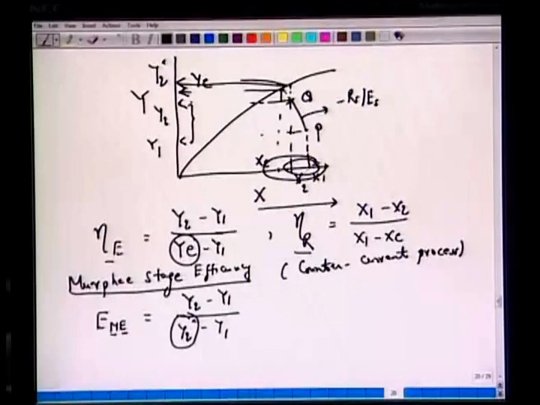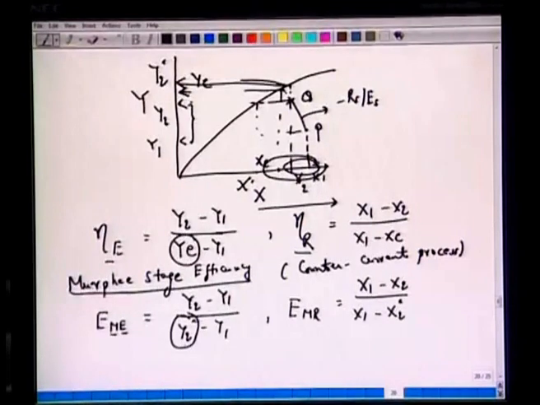So we are saying that the bulk concentration of this phase is in equilibrium with this composition of the second phase at y2 star. Similarly, we can have the Murphree efficiency as x1 minus x2, and we can have x1 minus x2 star. So given this y2, the maximum we can have in the bulk phase is x star.